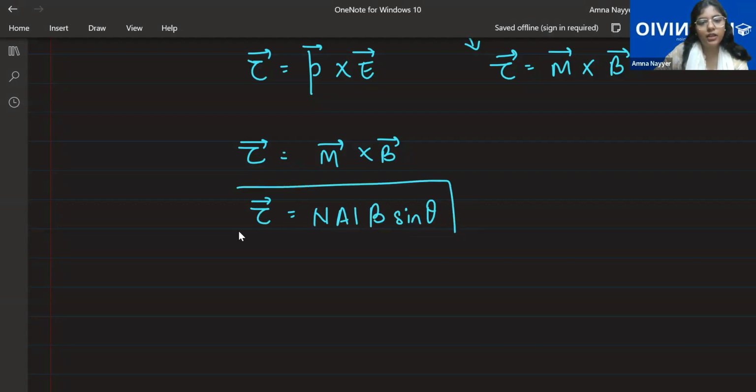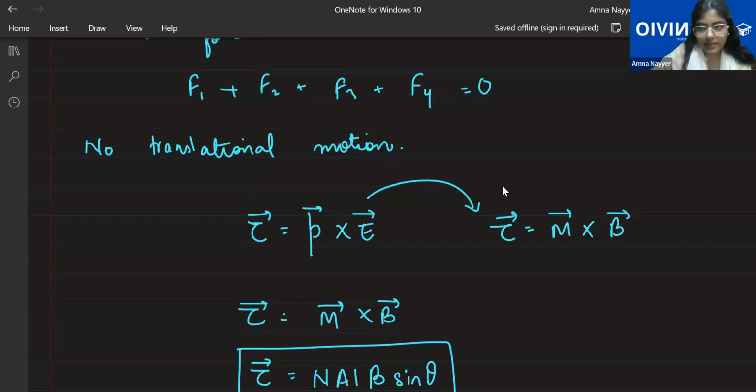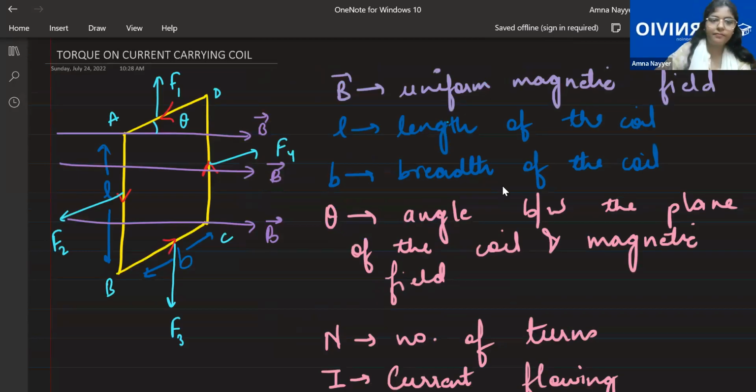This is usually written as NAIB because most of the time sine theta is equal to 1, that is theta is equal to 90 degrees. Is that clear? You copy this, then we'll see some more things. Please write.